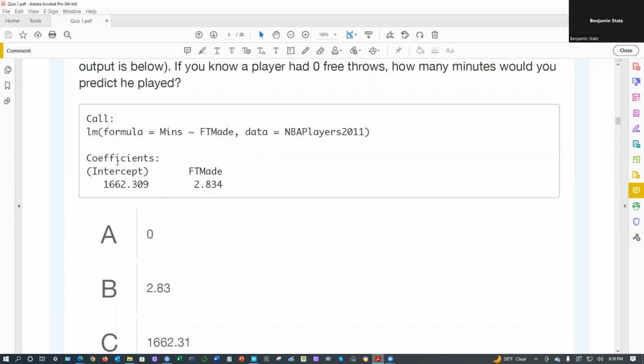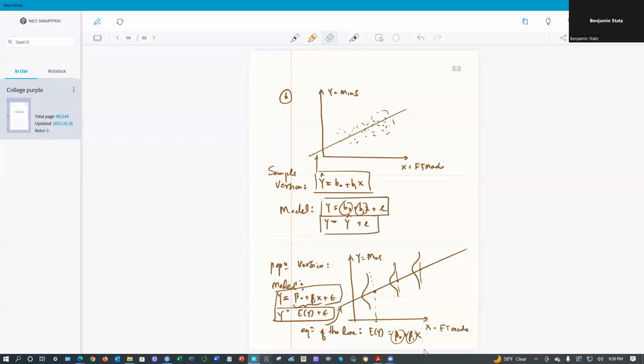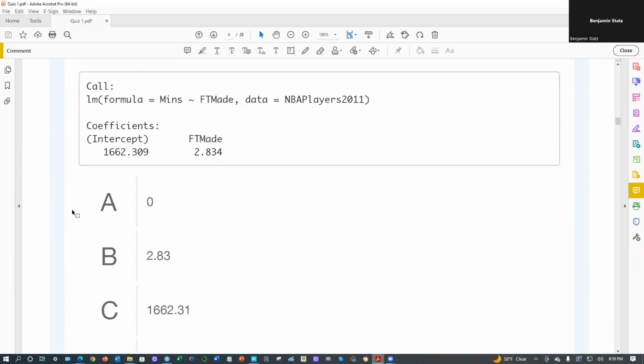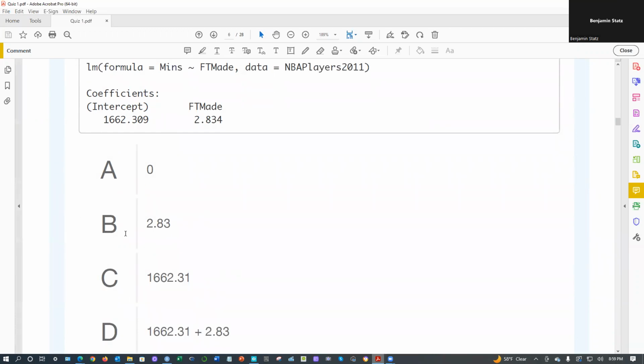We call that the intercept. When FT made is 0, the predicted value is about 1600. So C.